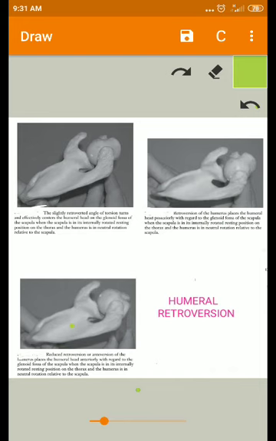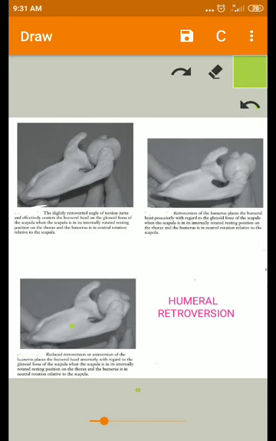In the case of larger humeral retroversion, in the second picture, you can see the head is more facing posteriorly. So it is having a larger humeral retroversion.